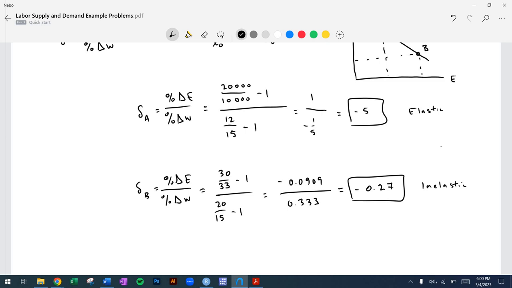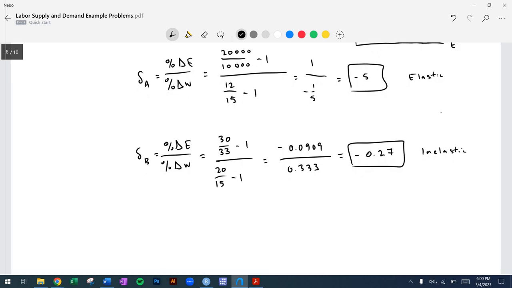And then the other way to think about these is, if there's a 1% increase in wages, then there will be a 0.27% decrease in employment.